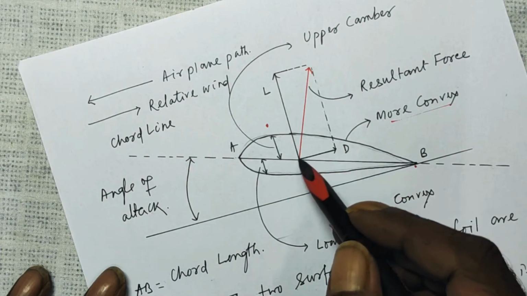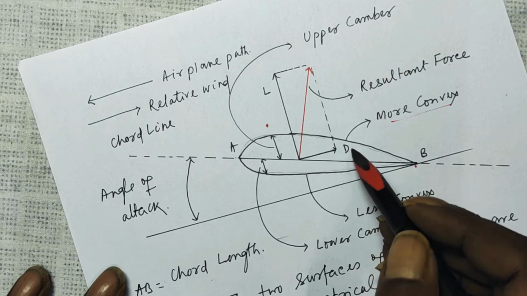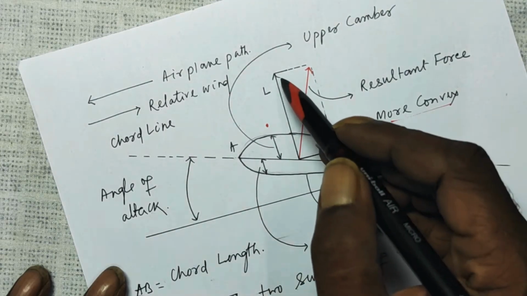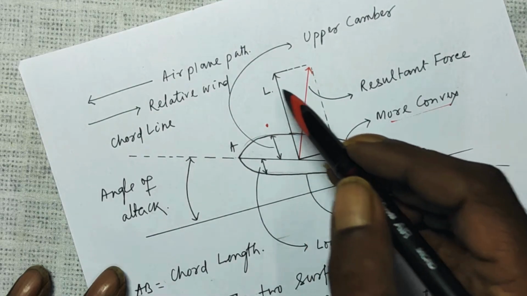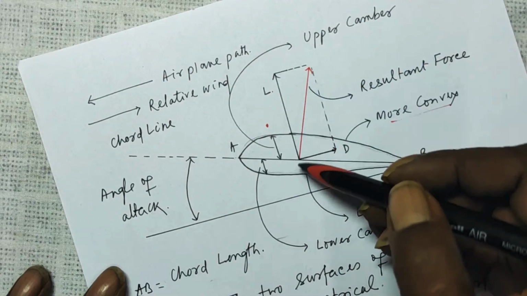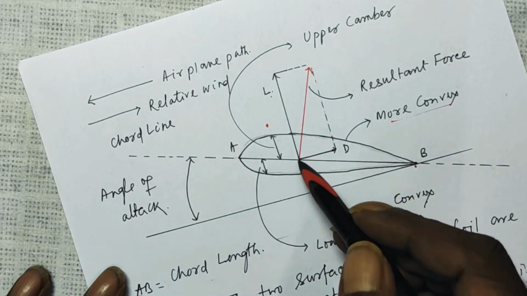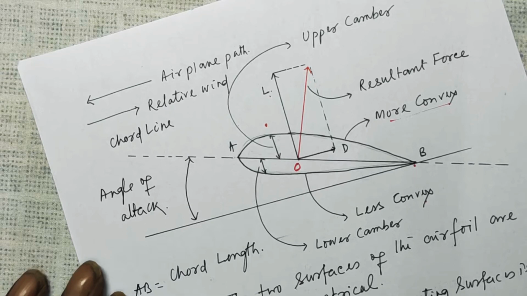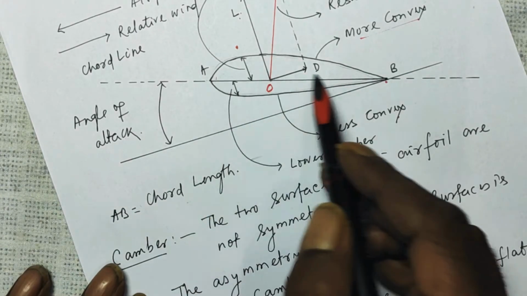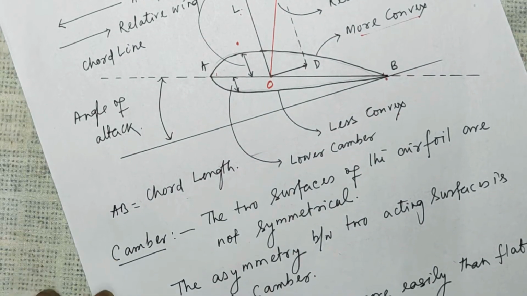Drag is a force, the value of D is given. Lift is another force, the value of L is given. We will find the components of L and D, and this will be the resultant of the lift and the drag at the point O. Now AB, from A to B, is called your chord length.